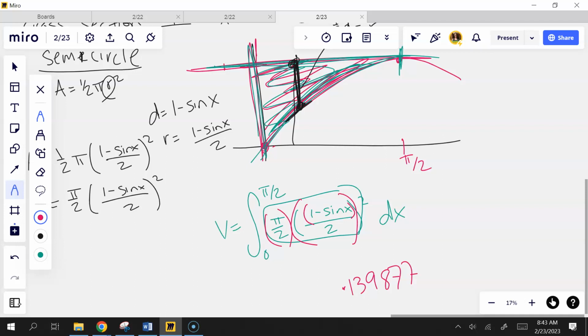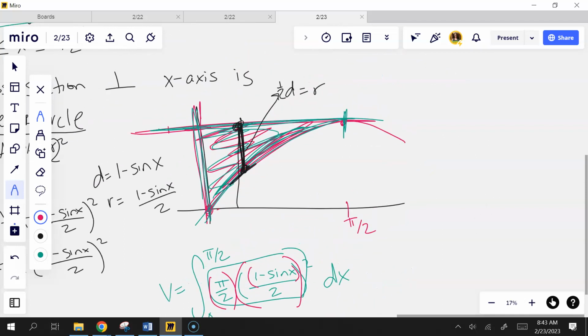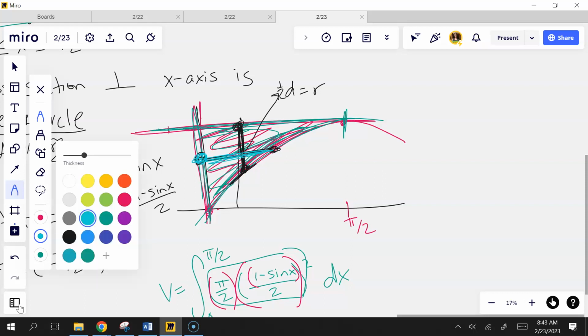So now what happens? Flip the diameter. Okay, well, if I flip the diameter, so I'm going from here to here now. Get another color. That doesn't show up well.